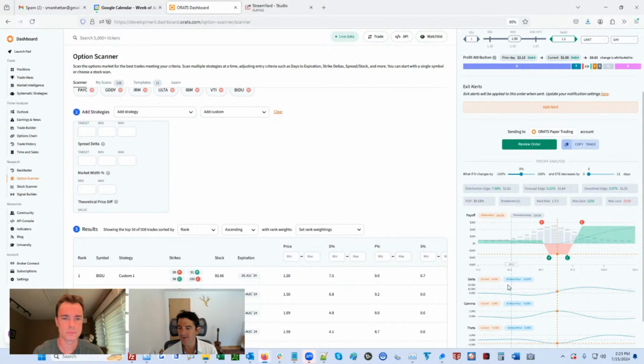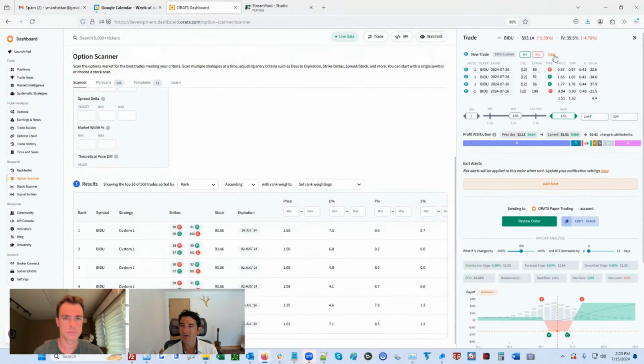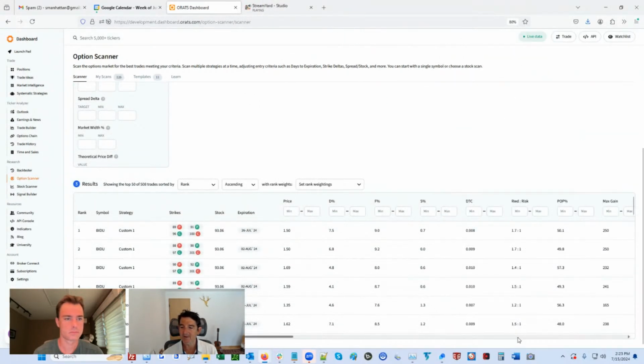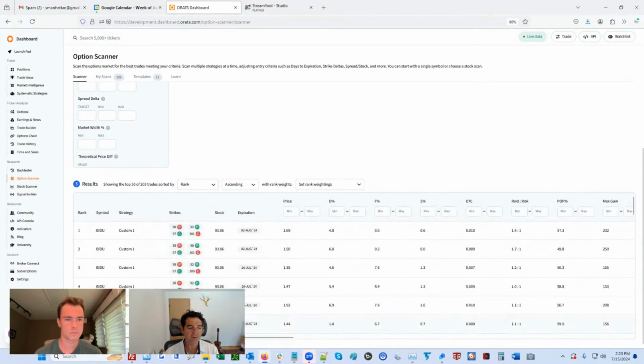Yeah, it's only four long delta, but that seems okay. I don't have a big axe to grind on the delta, but we could set a delta range, like negative 0.03 to 0.03. So then it gets more kind of delta neutral for these.